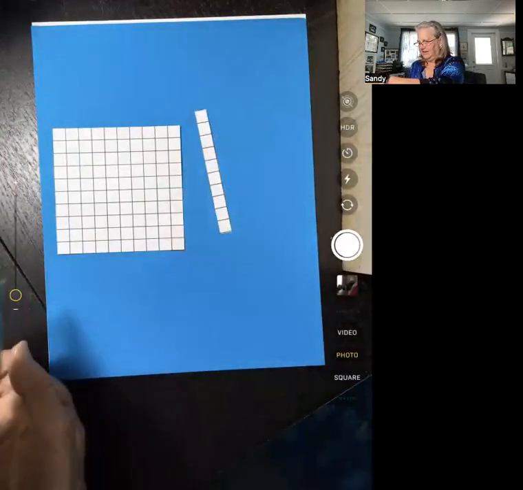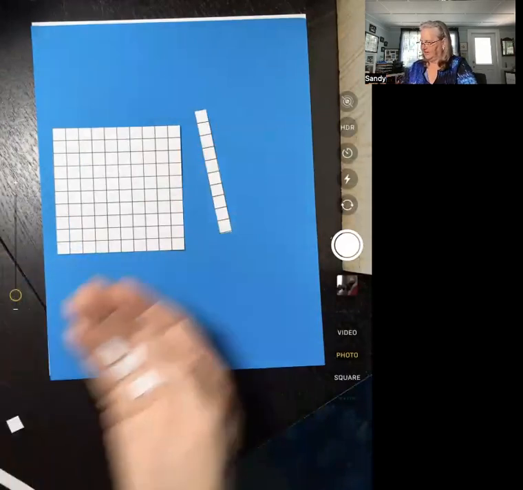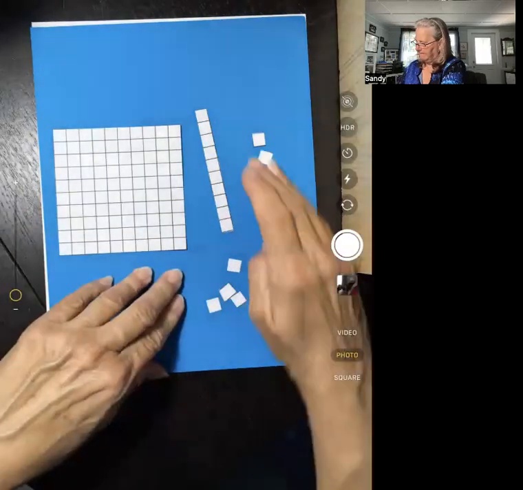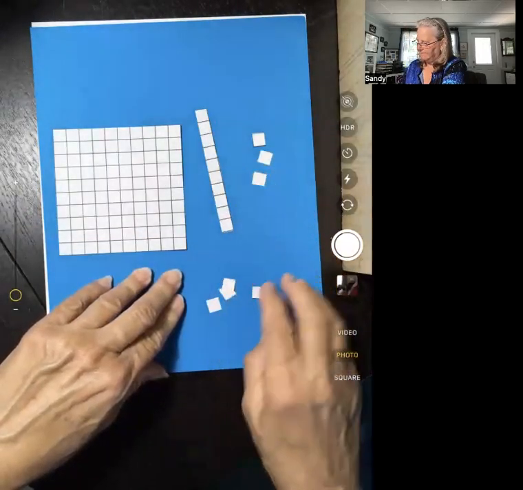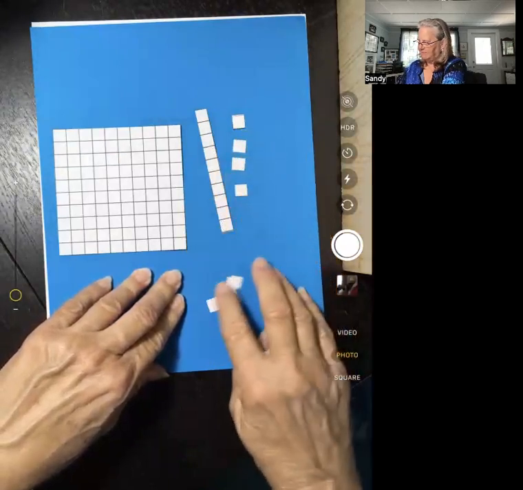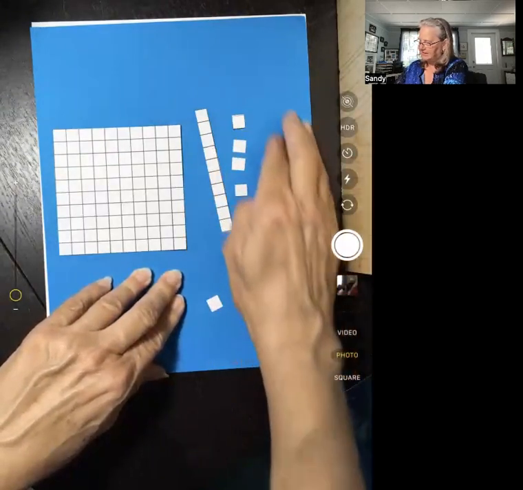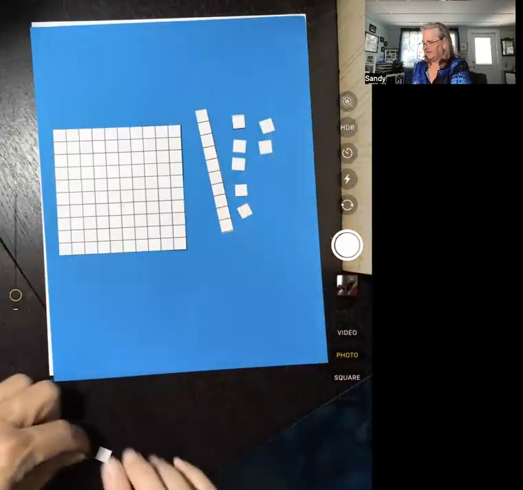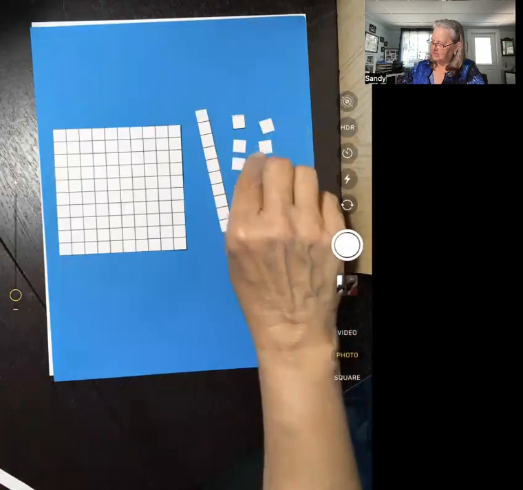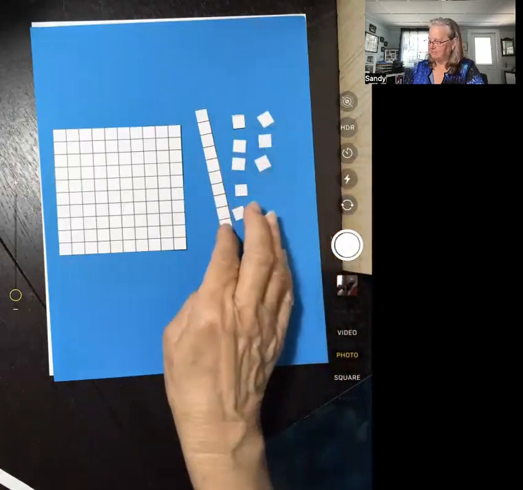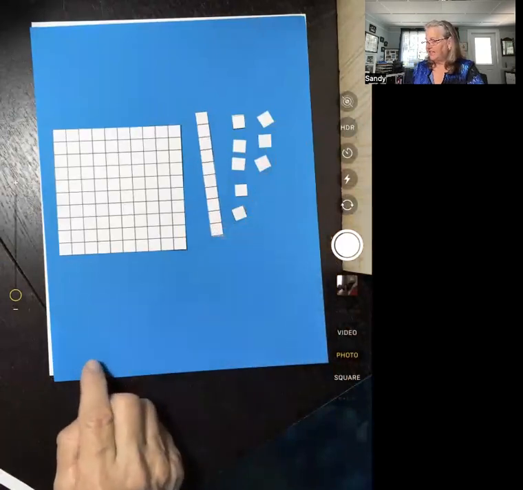Let's see if I can get out 8 ones quickly here. Now, teachers, another little tip, if you notice, when I'm putting these out, I'm not putting them randomly. I'm actually organizing them still like a 10 frame organization so that the children aren't having to keep counting.